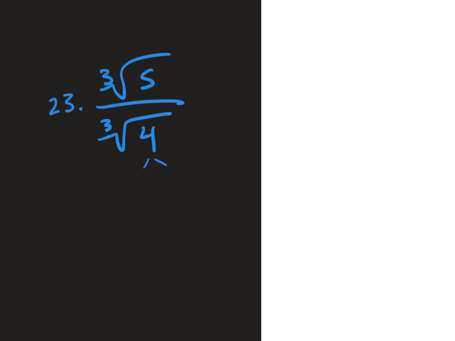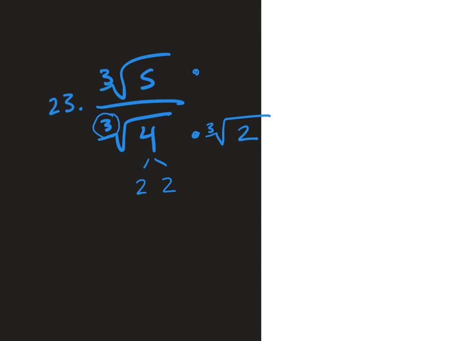What does 4 break down into? 2 and 2. Our goal is to circle groups of how many? 3. So what are we missing here to make that a perfect whole number in our denominator? We're missing a 2. So we need to multiply this times the cubed root of 2.